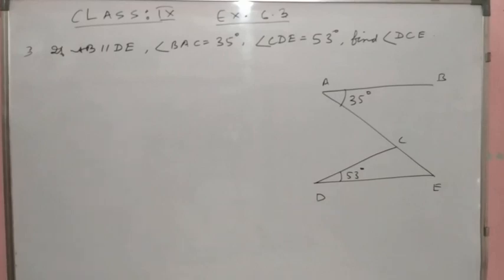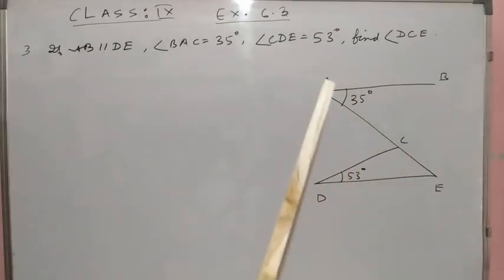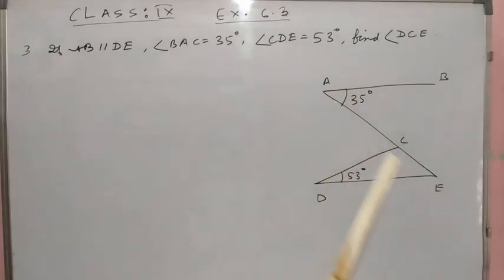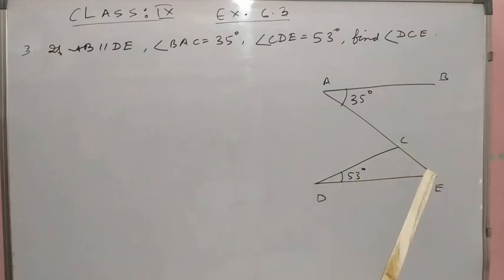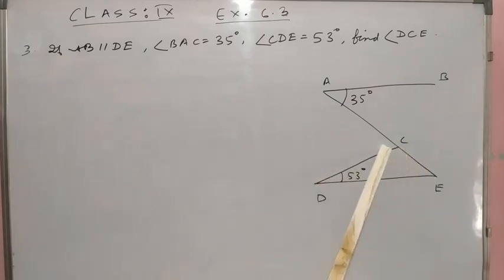Okay, now see here, AB is parallel to DE and angle BAC equals 53 degrees. This angle is 53 degrees, and this is 35 degrees. So we have to find angle DCE. We need to find this angle.